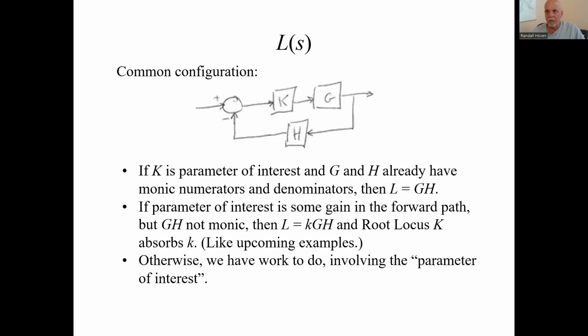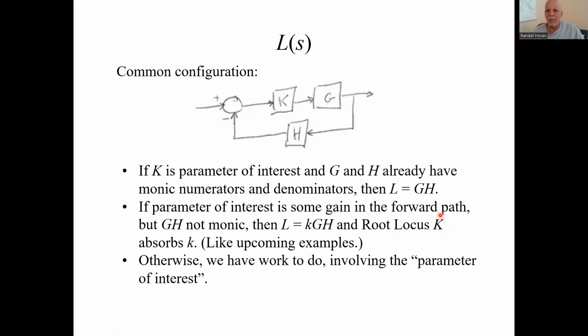If the parameter of interest is some gain in the forward path, and G times H is not monic, numerator and denominator are not monic, then that L is just some constant times G times H. And K is whatever it takes to make this L monic, numerator and denominator.